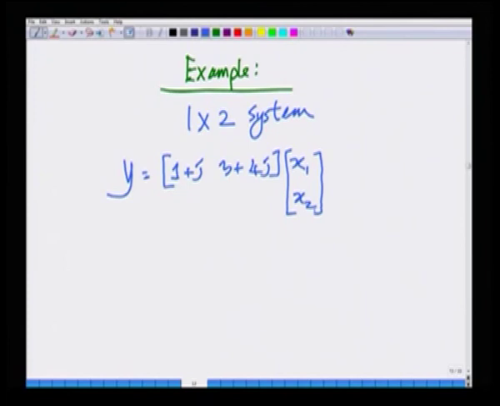For this example, I will ignore noise just to illustrate how the columns are orthogonal and how the decoding is done. I am going to ignore the effect of noise. So, this is my 1 cross 2 MIMO system, this is H 1, this is H 2, these are the two channel coefficients H 1 and H 2. H 1 is between first transmit antenna and receive antenna, H 2 is between second transmit antenna and receive antenna.